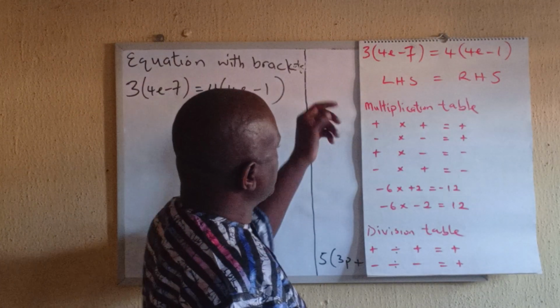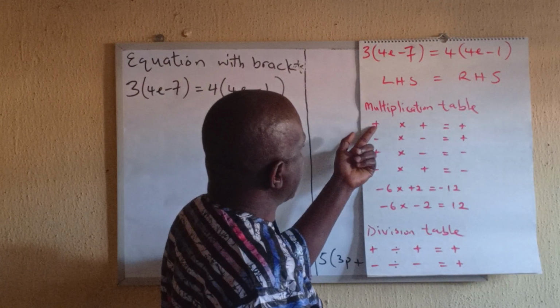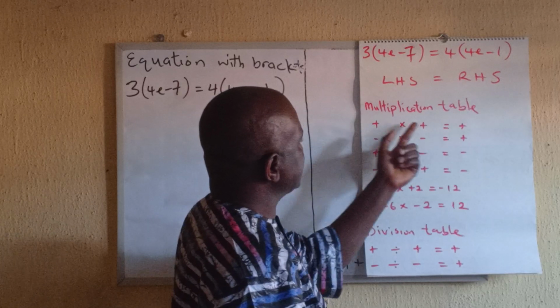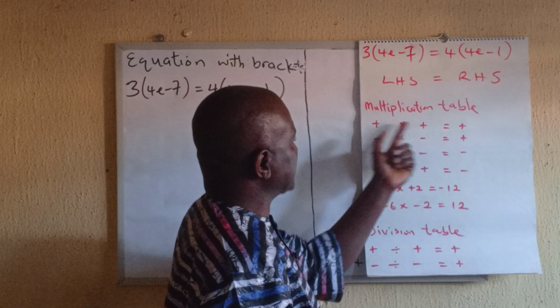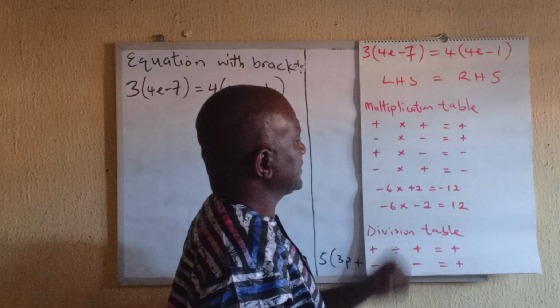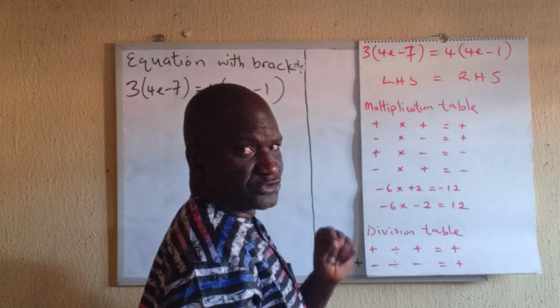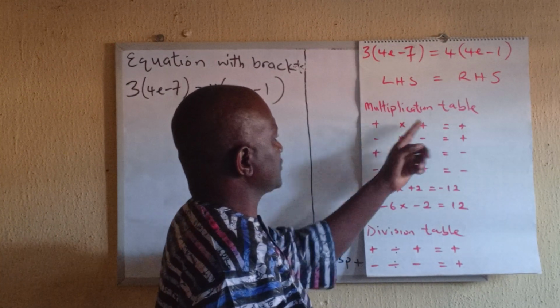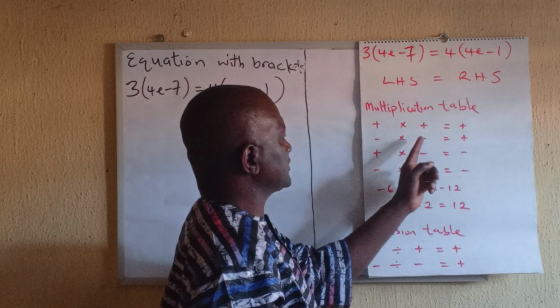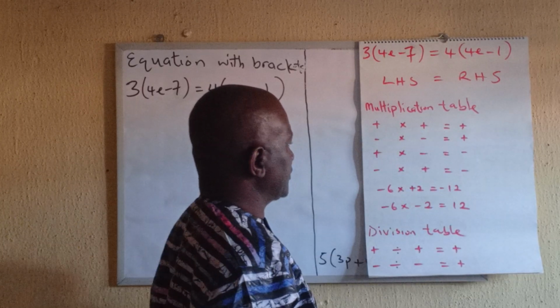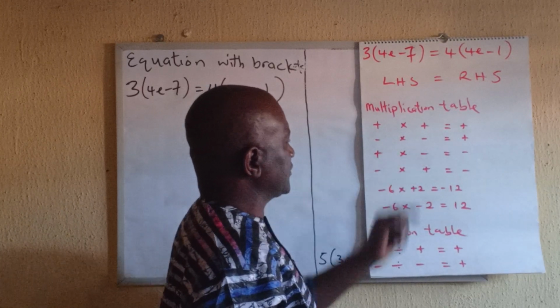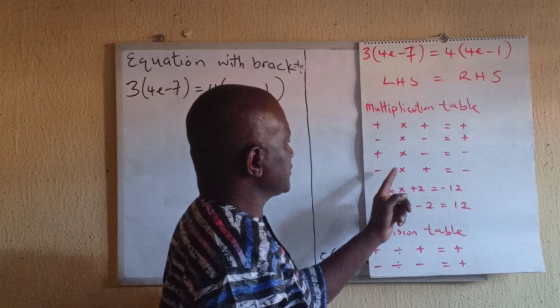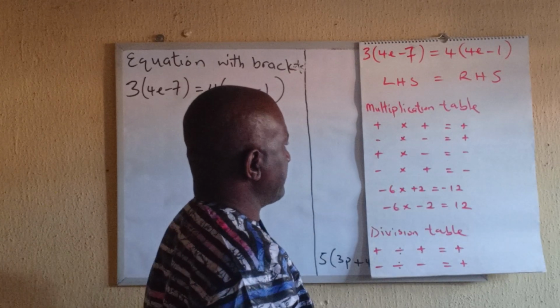Now, in the multiplication table, if the signs of the numbers are the same, then the answer will be plus. So if you look at it, plus times plus will be plus, minus times minus will be plus, plus times minus will be minus, minus times plus will be minus.